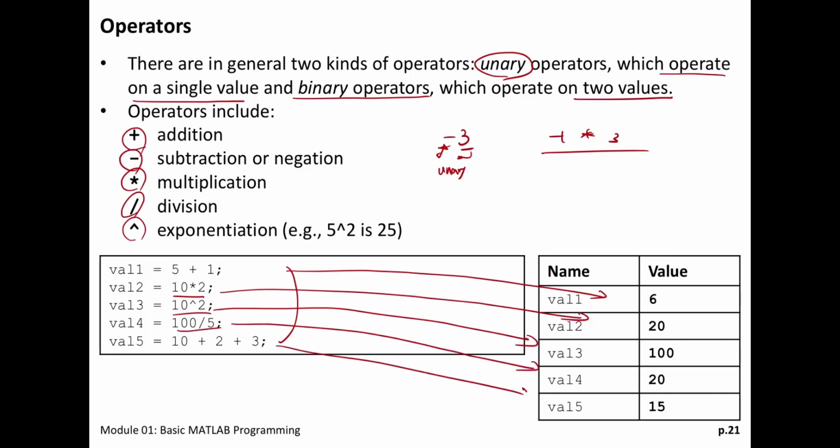Yeah, this is like a numeric operation that we are familiar with. Like this one, you can put as many operators as you can in this expression part to compute the value.